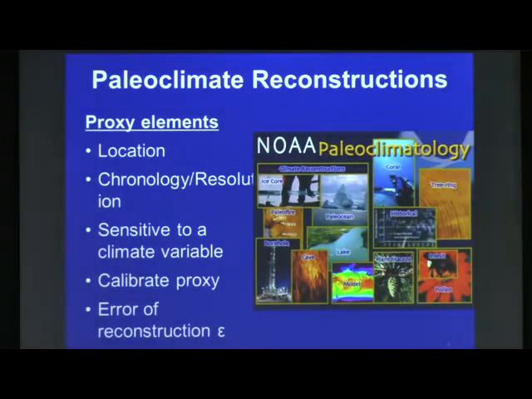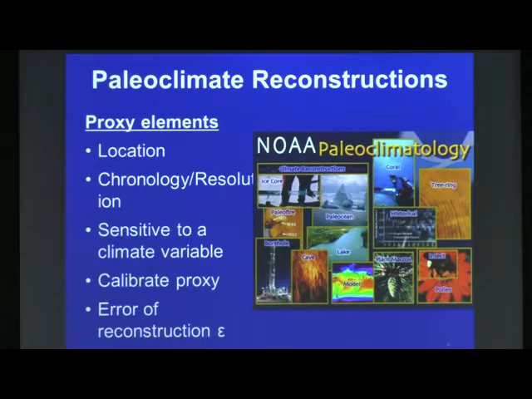So how do we fill in this observational gap? We can use paleoclimate reconstructions. There are all kinds of different proxies available, but each of these proxies has certain requirements so that we can do a good reconstruction. First off is location. Just like in real estate, we need to have a reconstruction in the right location.